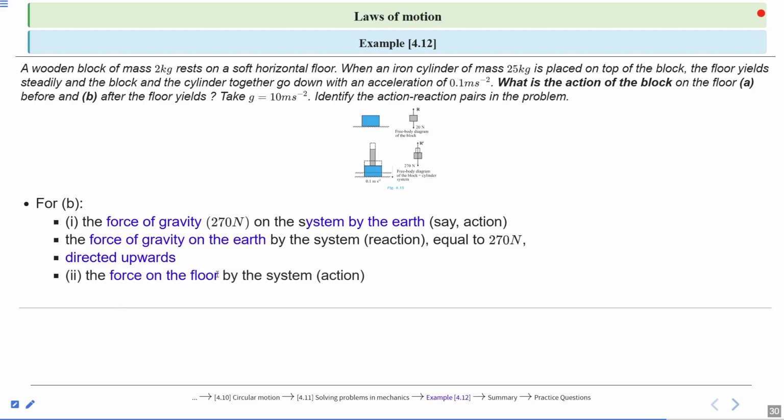Second, the force on the floor by the system is action, and the force on the system by the floor is reaction. So these are the terms of action and reactions. And the combination of action and reaction we call action reaction pairs. Clear?